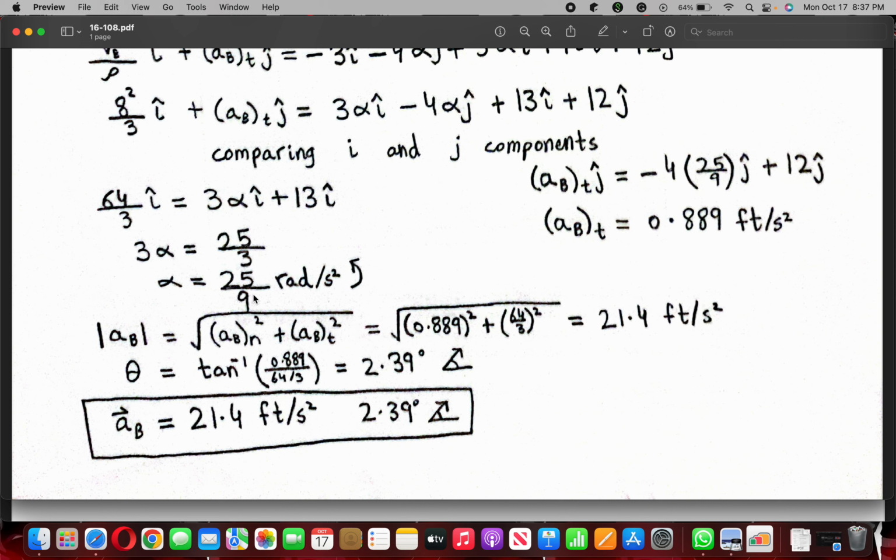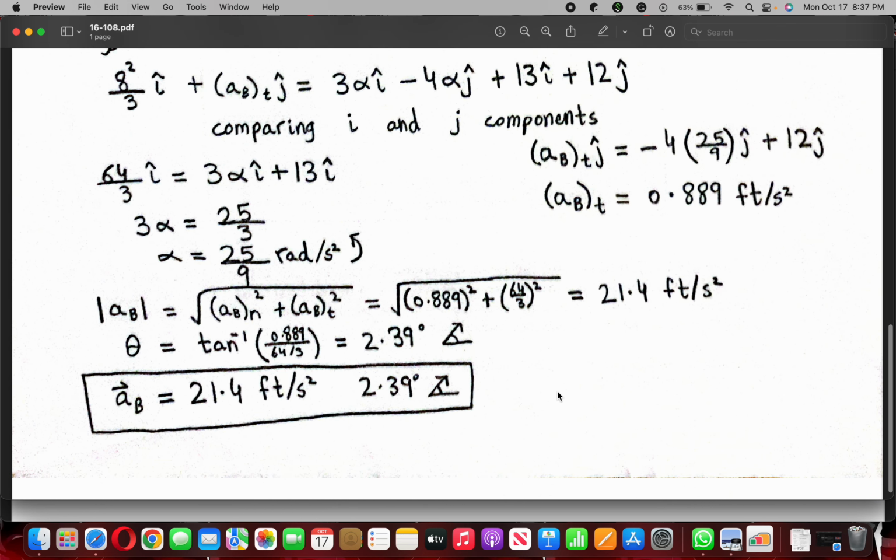It is positive, which shows that the angular acceleration of the rod is in the counterclockwise direction. We are also able to find the tangential component of acceleration at B, which is 0.889 feet per second squared.